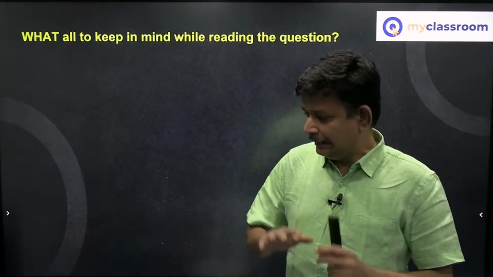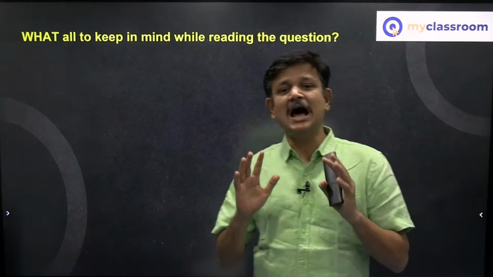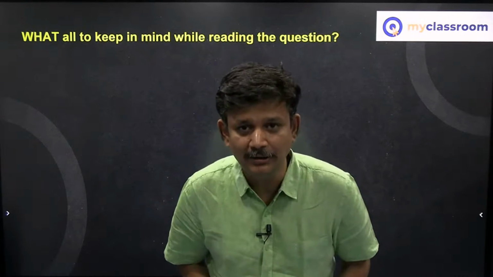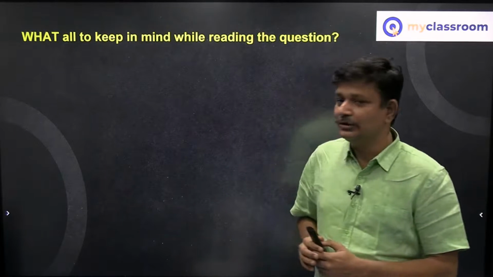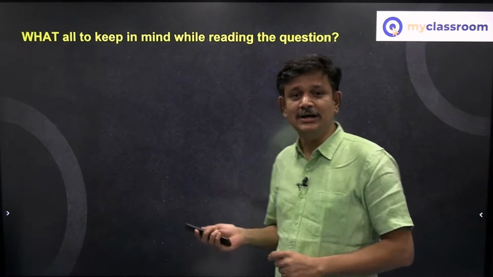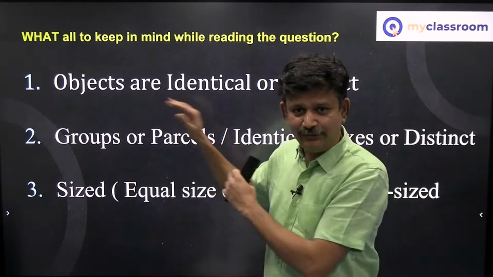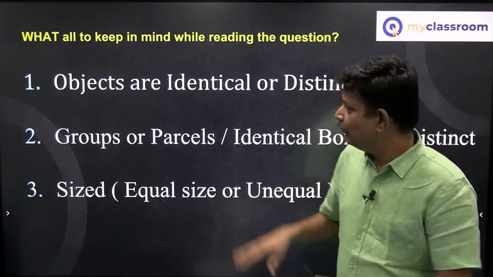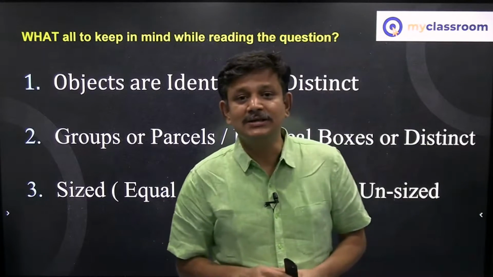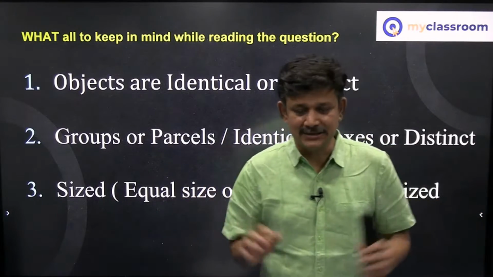Now, there will be a lot of varieties of questions in divisions and distributions, and so that there is absolutely no confusion at all, these are the things which you have to keep in mind while reading the question on distributions and divisions. First and foremost, you have to see whether the objects which you are distributing are identical or distinct.